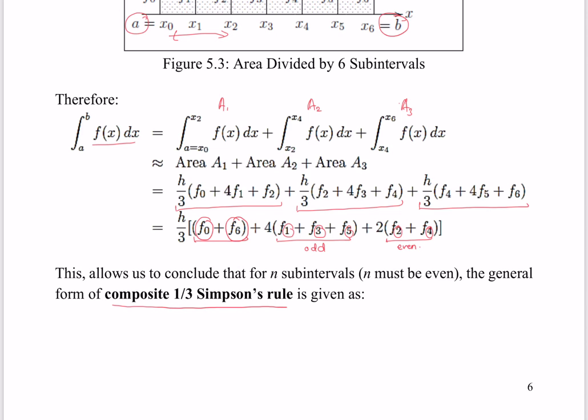Let's say now we have 10 subintervals. Then the first term is f0 plus f10, plus 4 multiplied by the summation of the odd ones, and then plus 2 multiplied by the summation of the even ones, and then we calculate the value and we will get the answer.